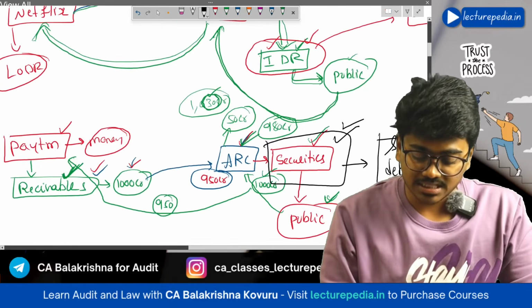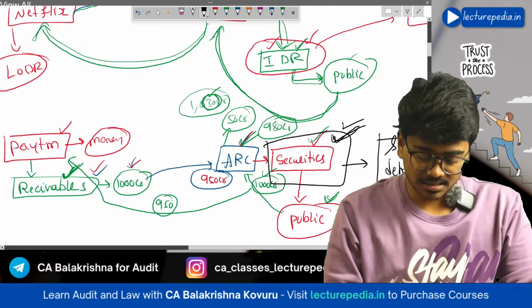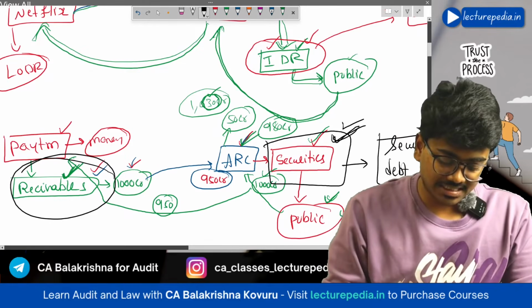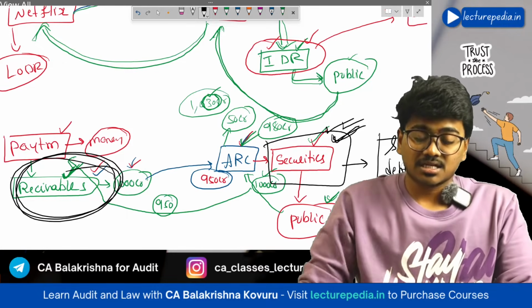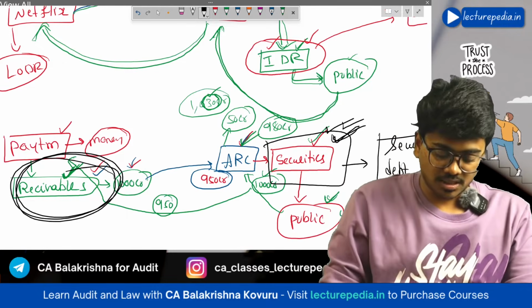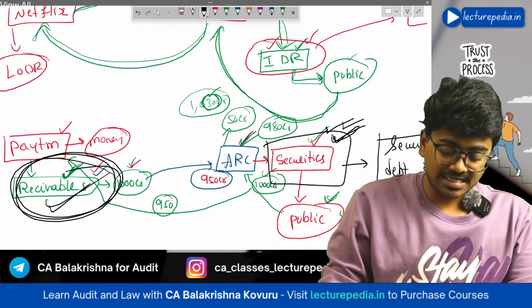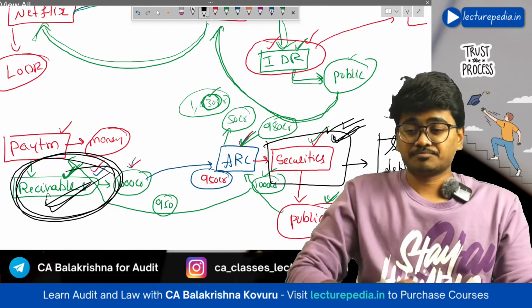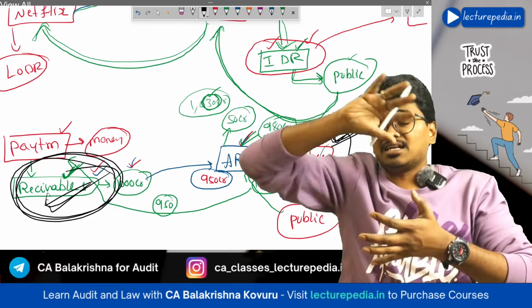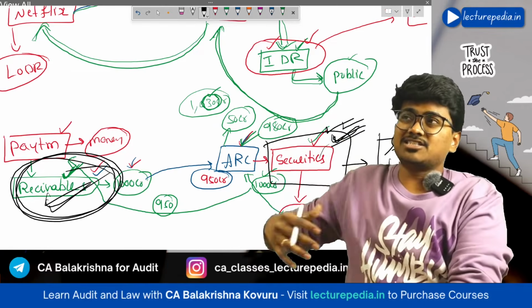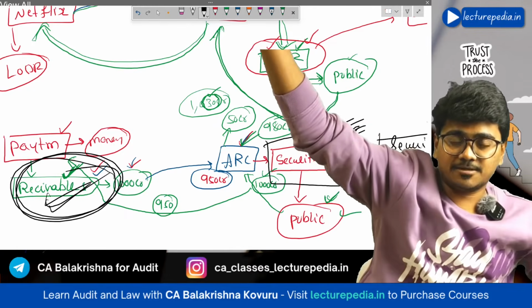These securities are generated on behalf of these debt instruments, on behalf of these receivables. So we are calling them securitized debt instruments. This debt has been converted into securities, and you listed those securitized debt instruments on the stock exchange.